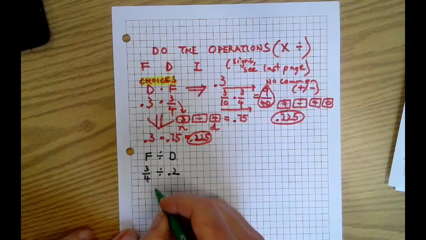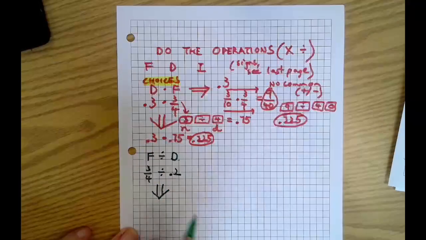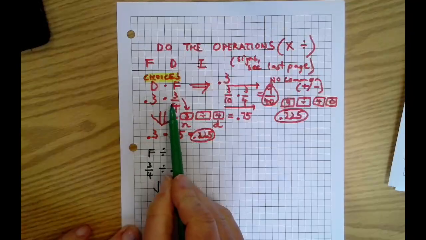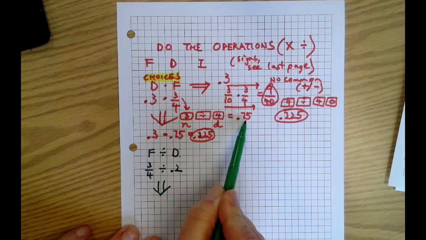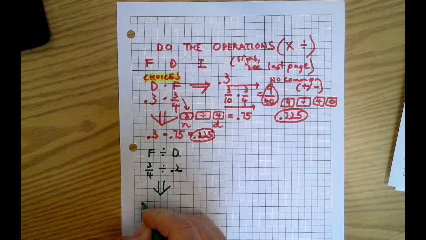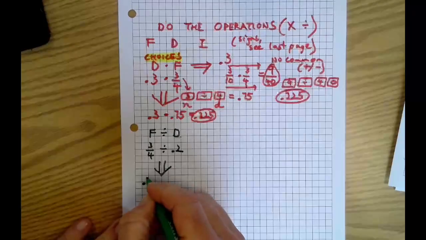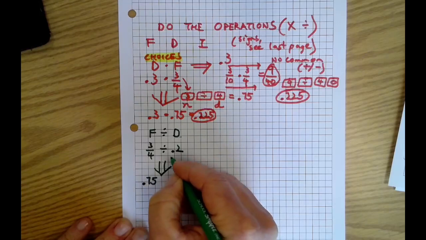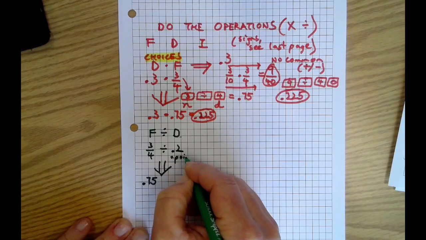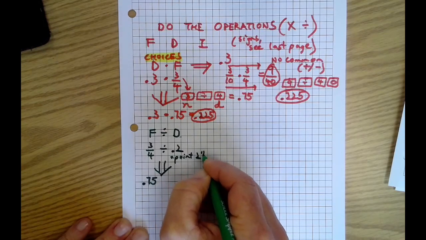So just like up above, let's make this into a decimal problem. And since we're paying attention to our own work, we already know what 3/4, 3 divided by 4 is as a decimal. So let's use that knowledge right here. And we already know what 0.2 is. That's a joke.